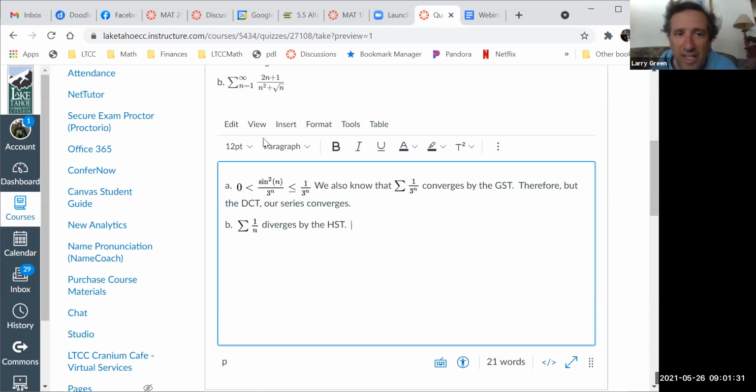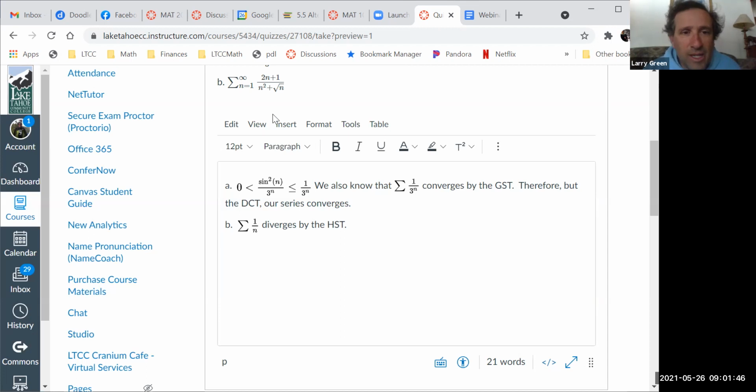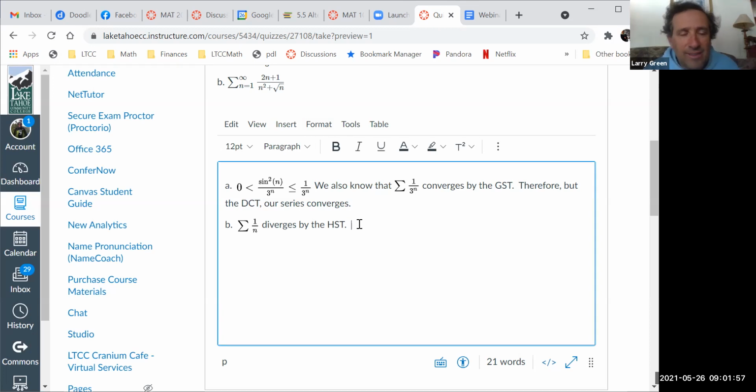That's hard to see. So if it's hard to decide whether it's bigger or smaller, then let's use a limit comparison test. And to use a limit comparison test, what we're going to do is look at 2n plus 1 over n squared plus root n divided by 1 over n. And what that does is multiply by n. So I think I need to put this into an equation editor.